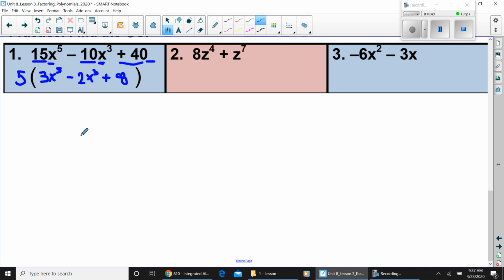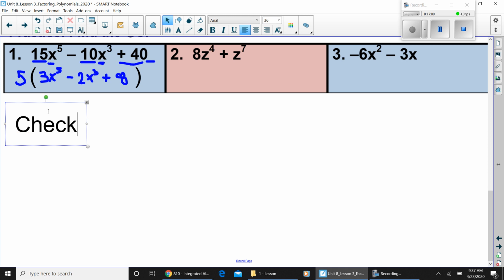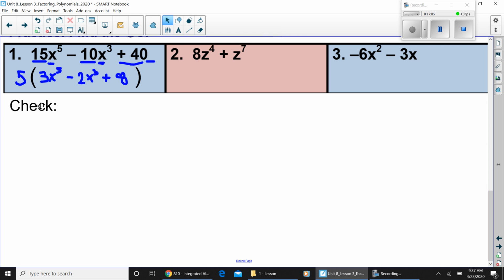So if you were going to check this using distributive property, and that's what the directions say to do, we're going to do 5 times 3x to the fifth, and that's 15x to the fifth.